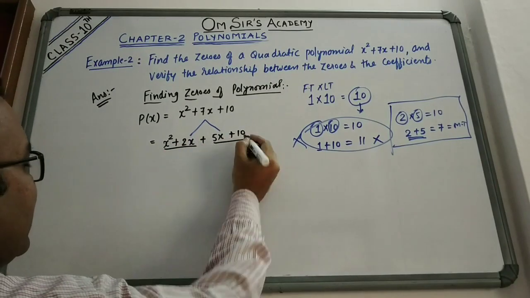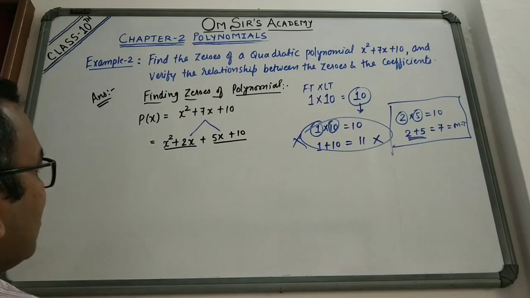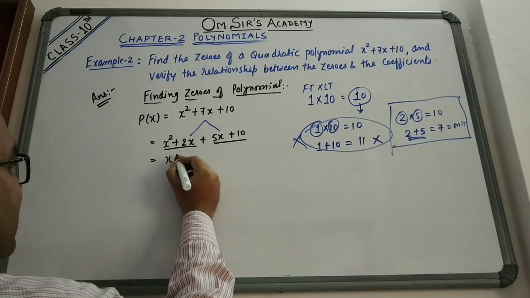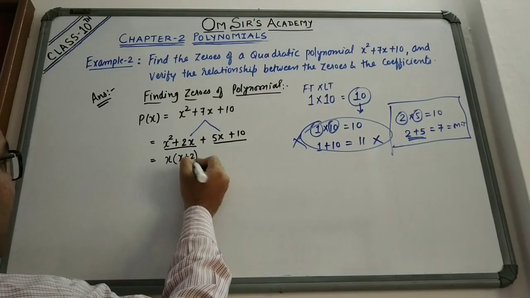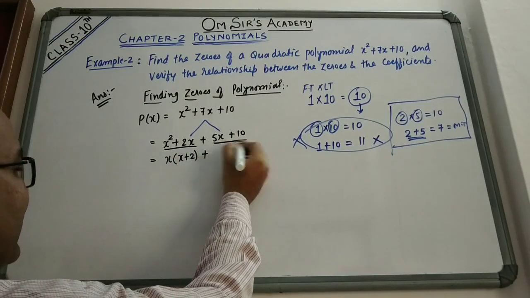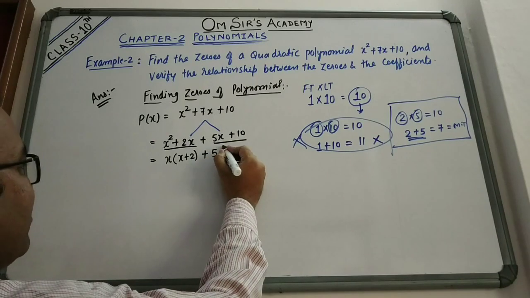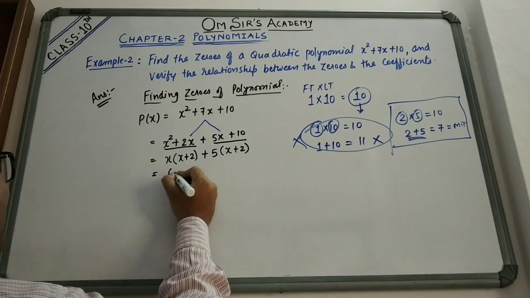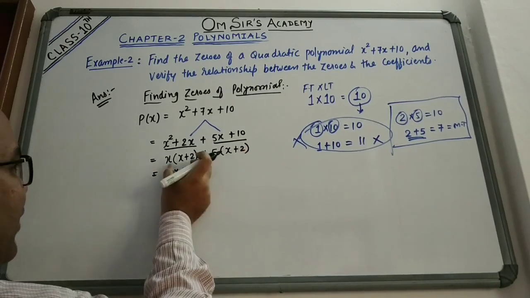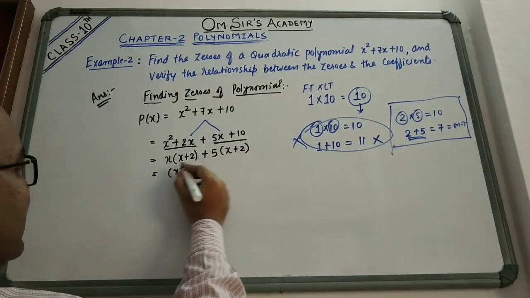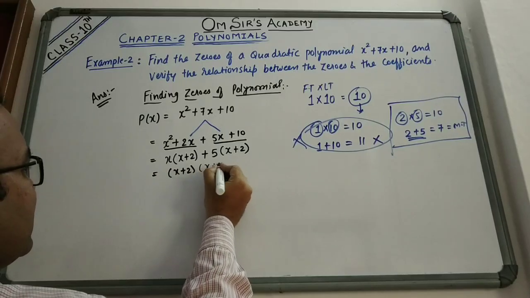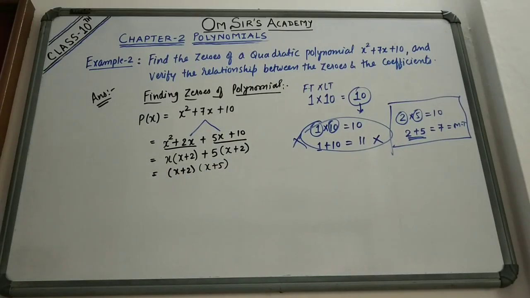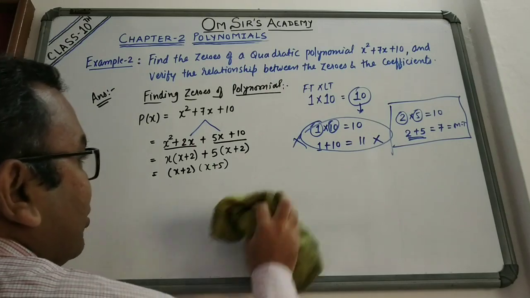Here we have to make pairs. In the first pair, x will be common. Inside it will be x plus 2. In the second pair, 5 will be common. Inside it will be x plus 2. So x plus 2 is my one factor and the remaining x plus 5 is my another factor. Okay, so this is how I found the two factors of the polynomial.